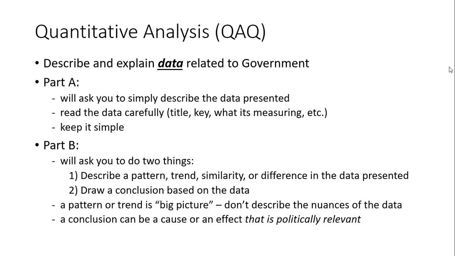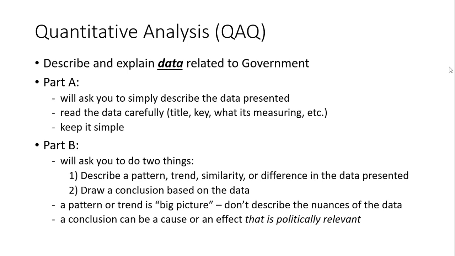Now, notice here on the slide, it says that this conclusion, which can be a cause or an effect, so think about those terms, what causes this or what might be the effect of this. You want to make sure that that conclusion is politically relevant, okay? In other words, relate it to something you've learned in government.